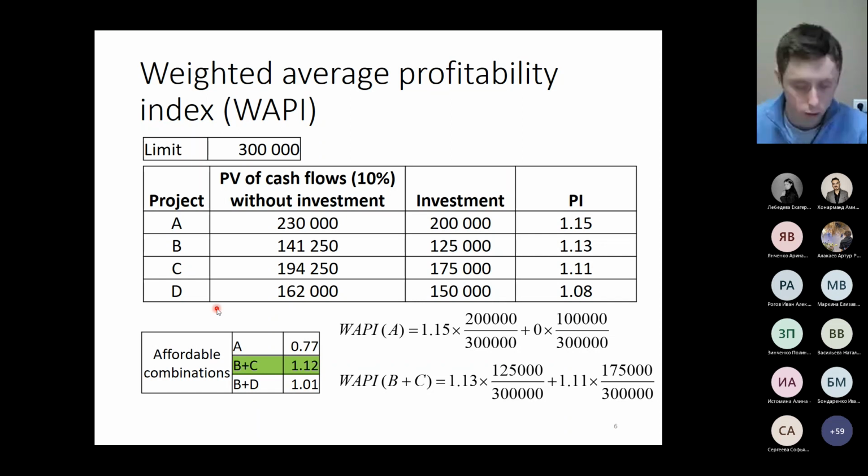Otherwise, we would just accept everything and make more money. Good. By the way, further in our class, we will consider what we can do when we exceed our budget constraint, but it would be in the subsequent classes. Then we will talk about efficiency and portfolio allocation.